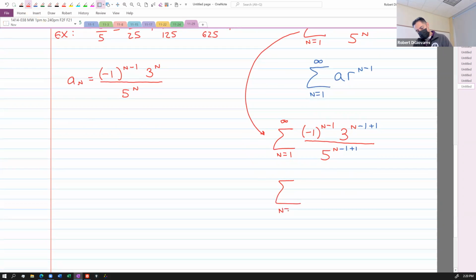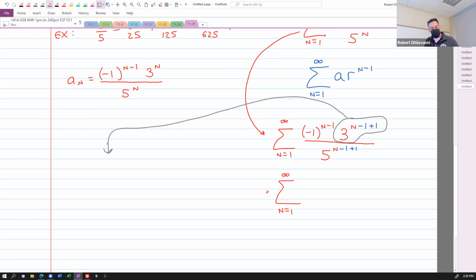Now, why? Let's see why I did that and what I can do with it. Sum n equals 1 to infinity. All right. Just take a look at this piece right here. If I can make sure you understand this, the bottom part will be easy. Do y'all agree that that's the same as 3 to the n minus 1 times 3 to the 1? Remember properties of exponents? That if you have the same base and you have different exponents, you will add these two exponents together if that's multiplication, right?